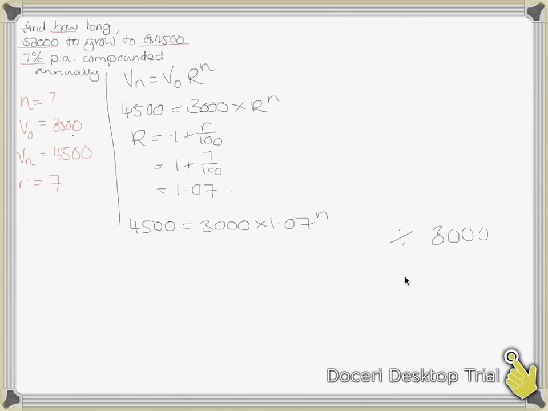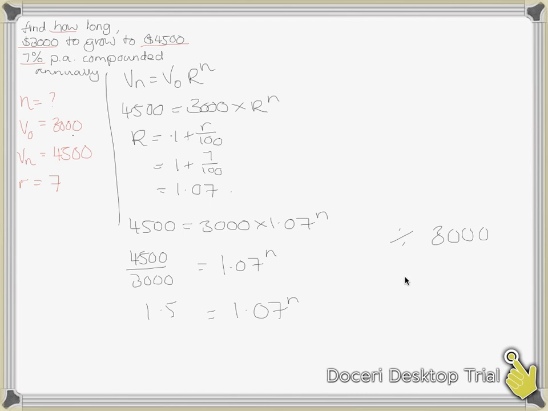So by doing that, we have 4,500 divided by 3,000 equals 1.07 to the power of n. Now 4,500 divided by 3,000 is 1.5. This is 1.07 to the power of n.